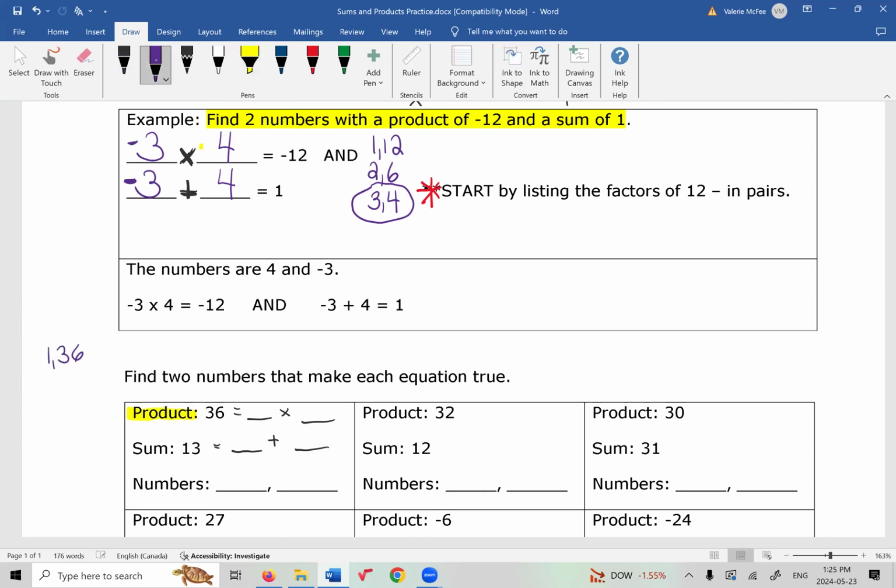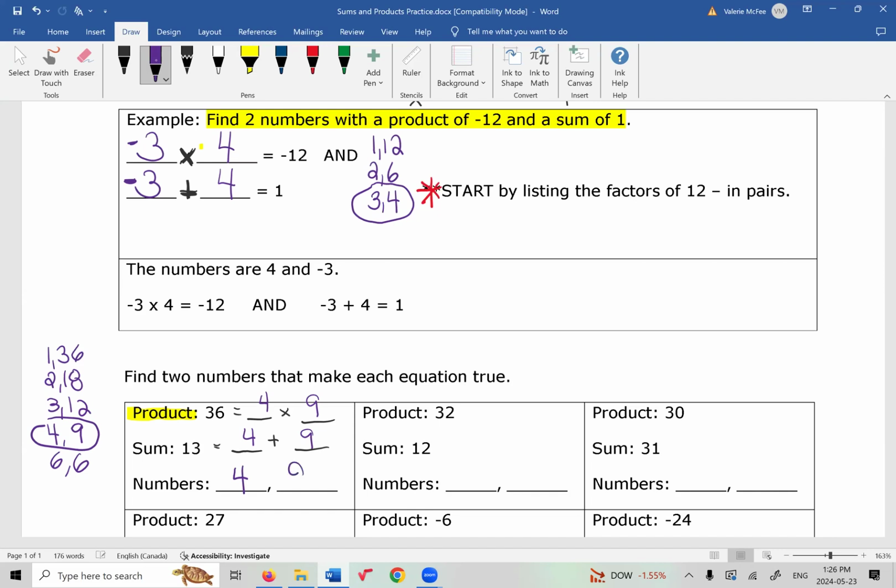Again, I'm listing them in order, starting with 1, 2, 3, 4, 5, not 5, but 6. I need two numbers that add to 13. Write them in here and then be certain that both equations are true when both have the same numbers.